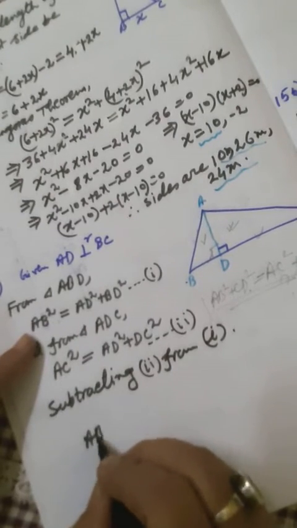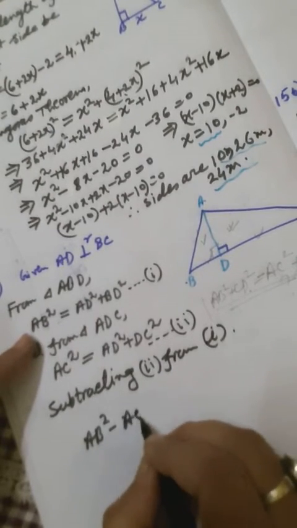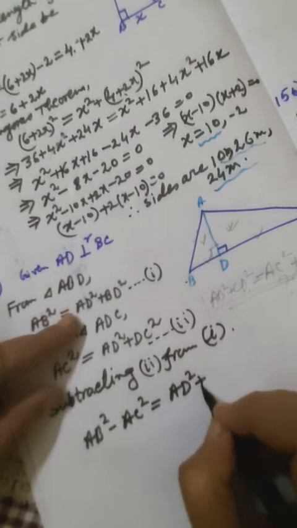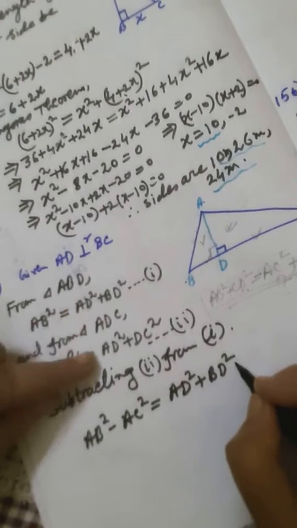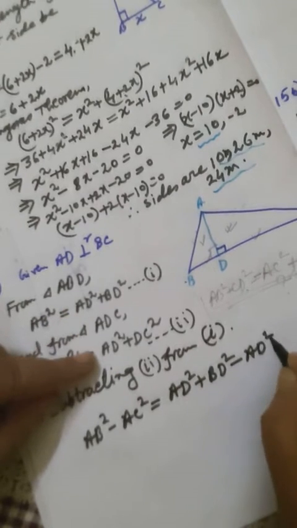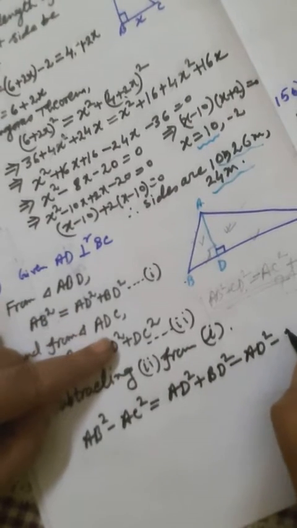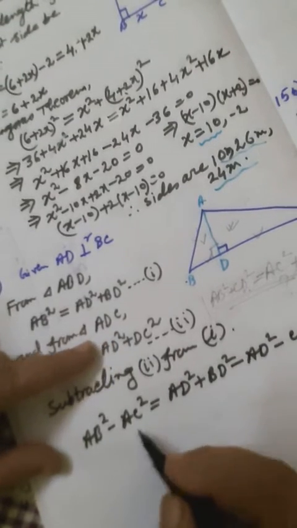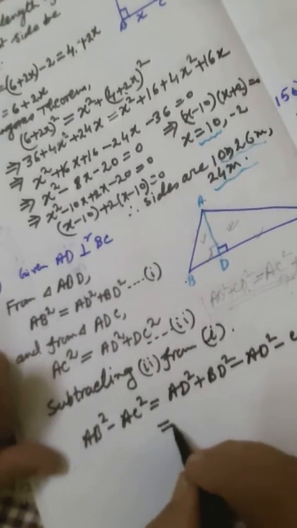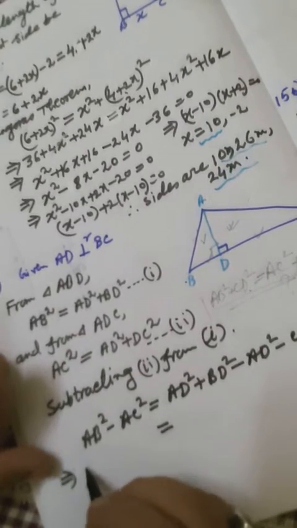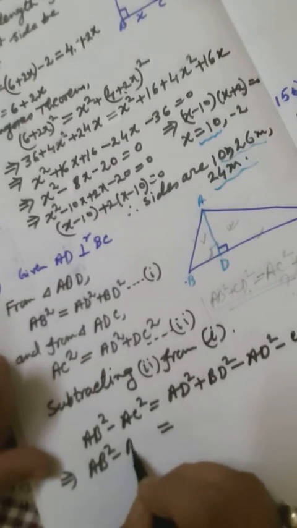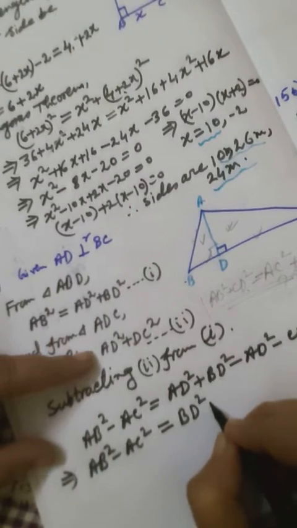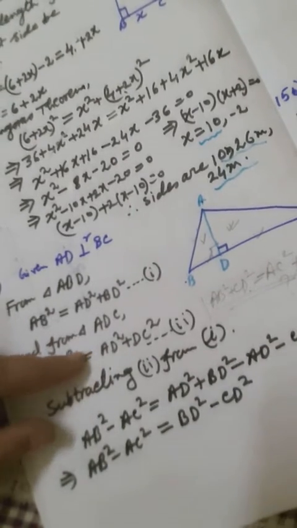AB square minus AC square is equal to AD square plus BD square minus AD square minus CD square. So AD square gets cancelled. The left hand side remains the same as it is. We are left with BD square minus CD square.